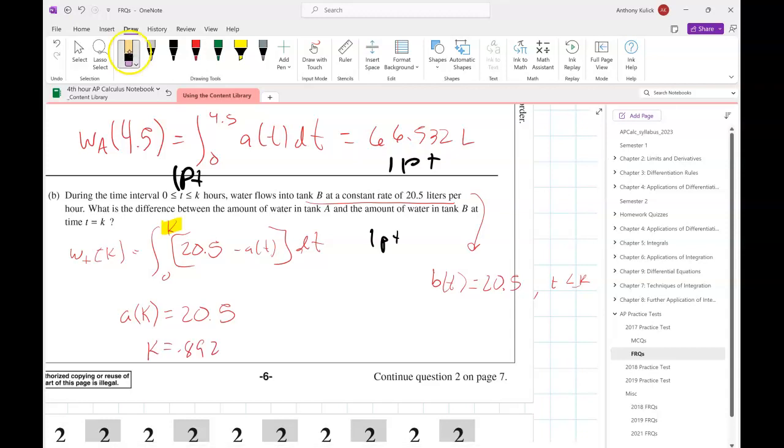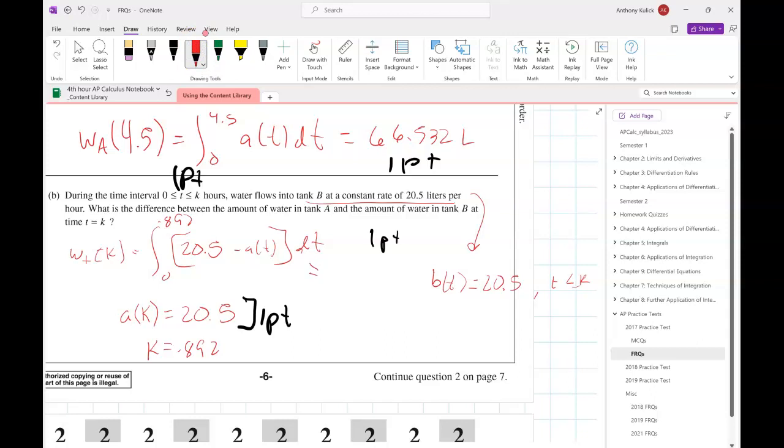So 1 point for this, and then now I've got it to a point where I can type that into my calculator, right?